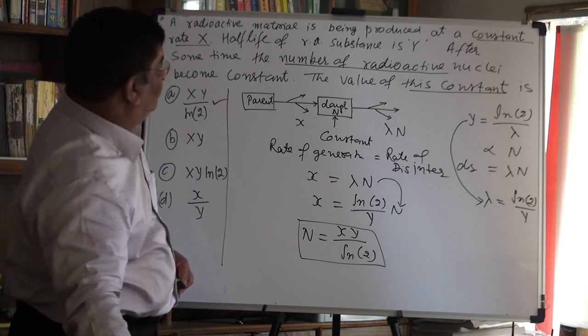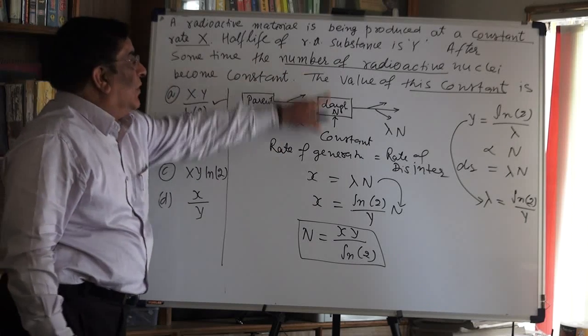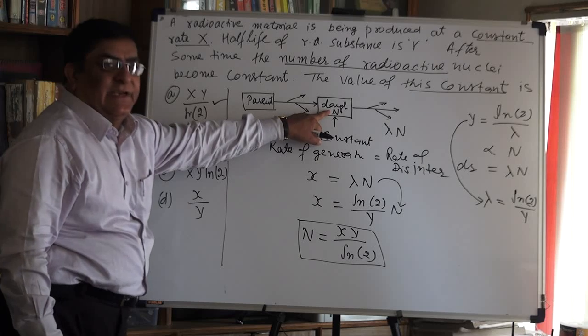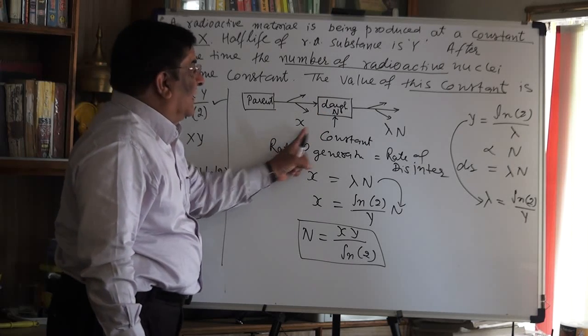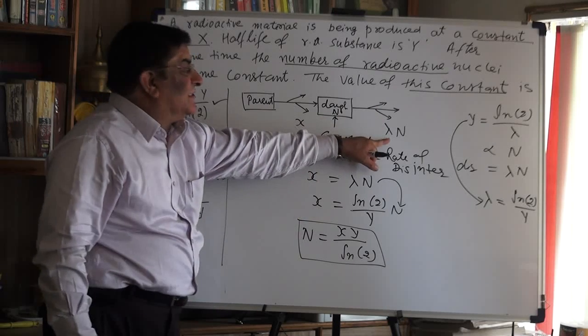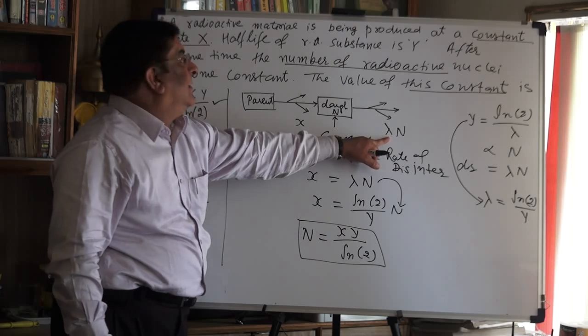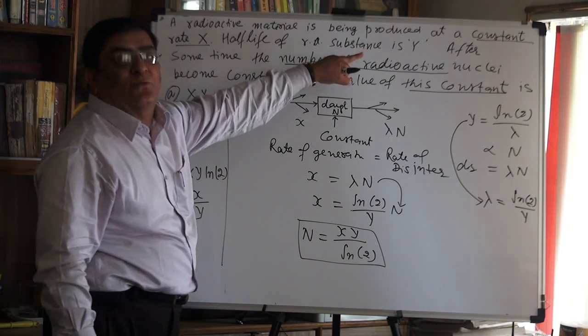See it once again. Here the number has to be constant. So what is the main point here? The rate of generation is equal to the rate of disintegration. Disintegration formula we should remember. Other thing we should remember is the half-life of substance is y.